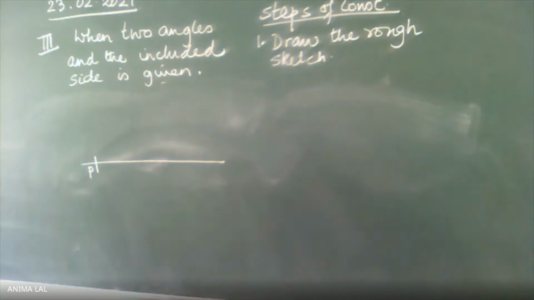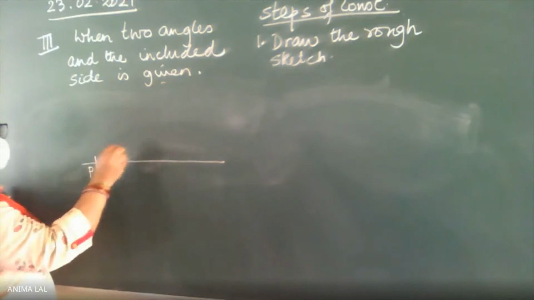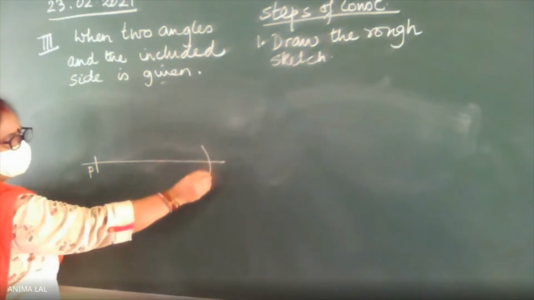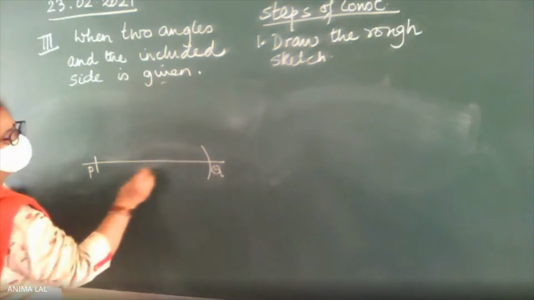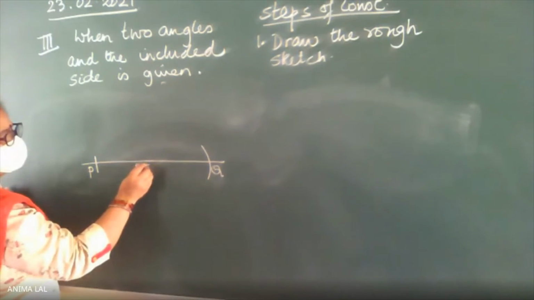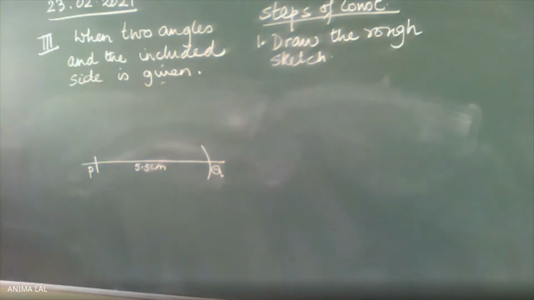Now, where will you put your compass point? At P. So, put your compass point at P with the radius of 5.5. Draw an arc on the other side, which will give you point Q, and the distance between the two is 5.5 centimeters.